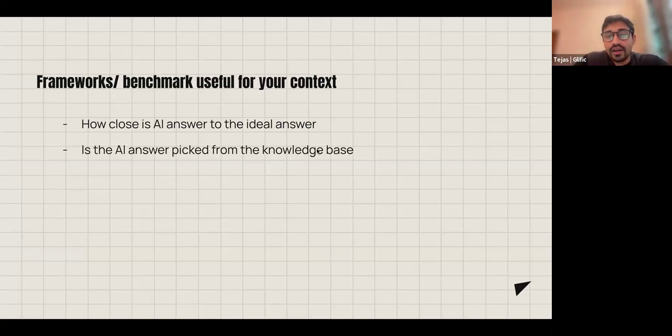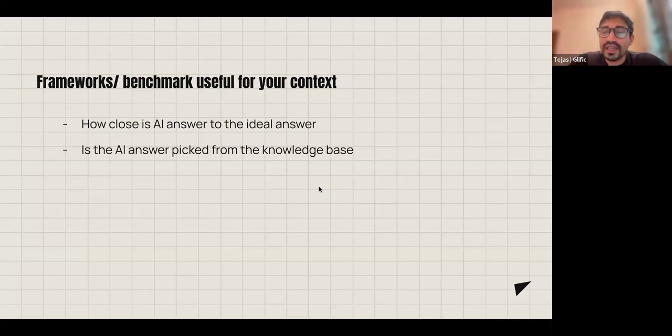The second one makes sure there are fewer hallucinations, meaning answers that sound like they are from the knowledge base but are not. It could be paraphrased, but there has to be some way for you to make sure that it's grounded in the knowledge base.